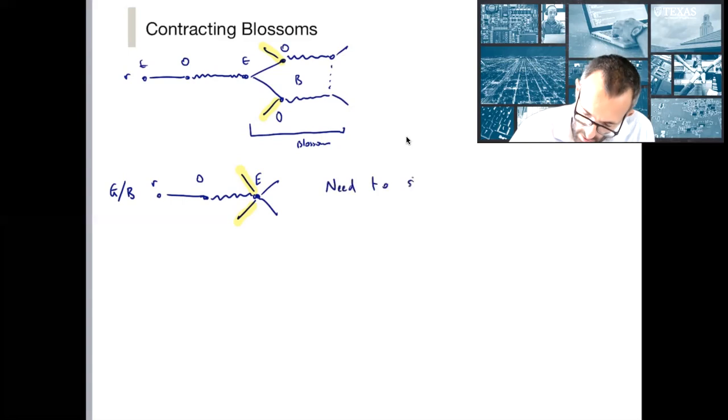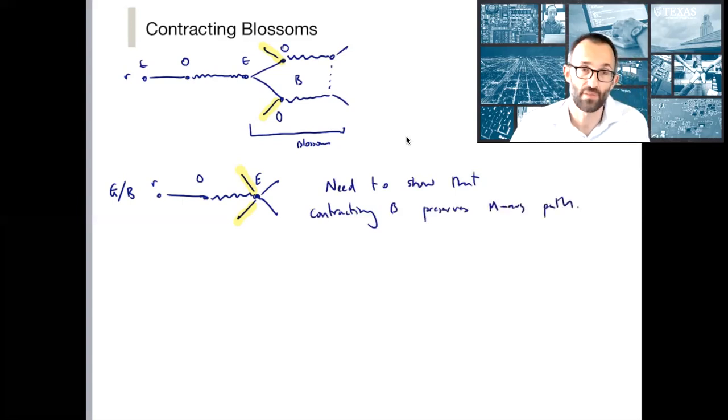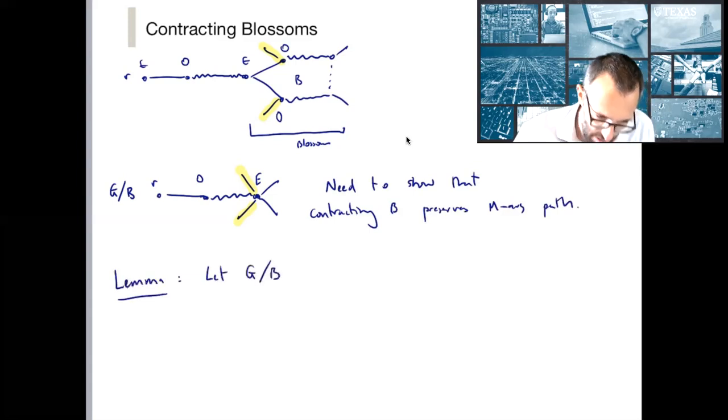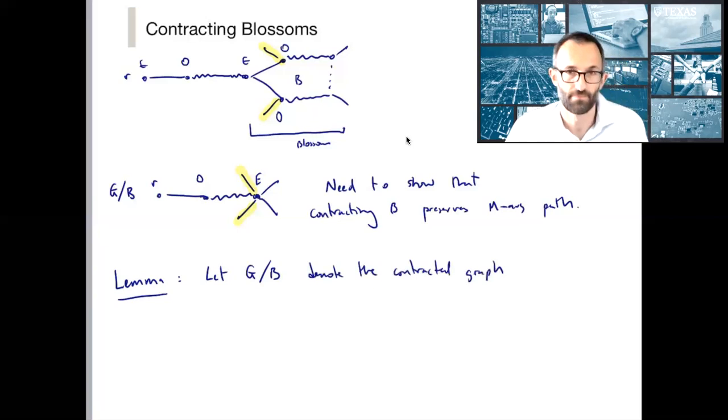So I need to show that contracting the blossom preserves any M augmenting path that I had, and I'll state this in the following way. Let this denote the contracted graph, and similarly I can use this to denote the contracted matching.